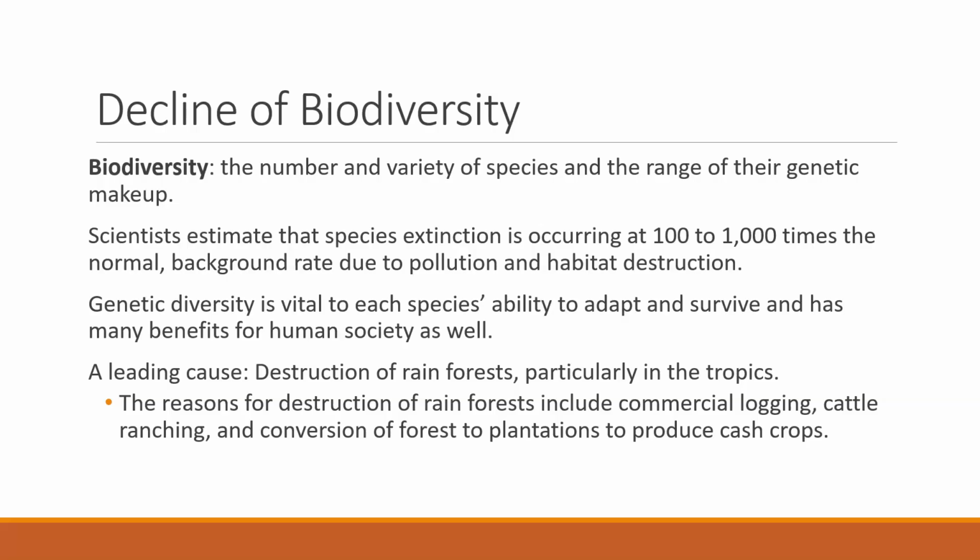The number one reason for tearing down rainforests is cattle production, increasing the production of beef, especially in South America, where they export a lot of beef, and then taking down trees for wood for logging to build structures. Okay, we'll continue this in the next video.